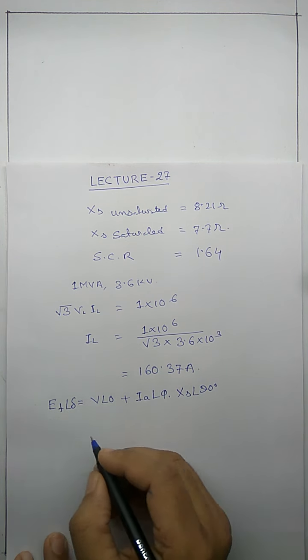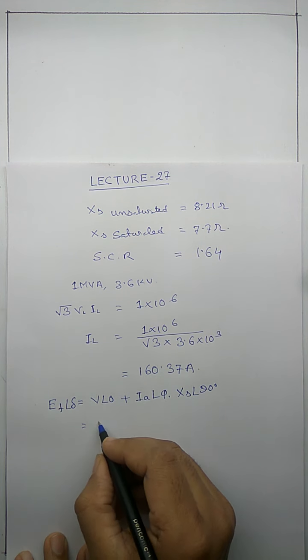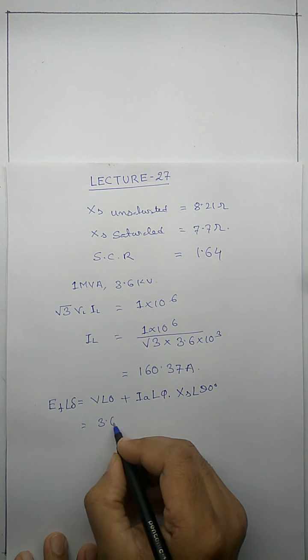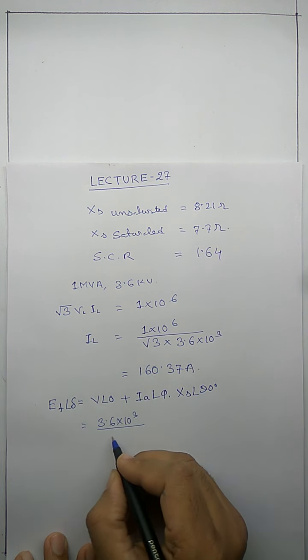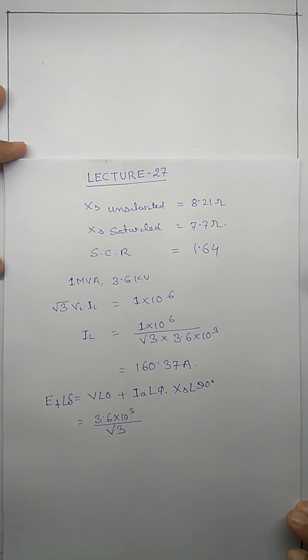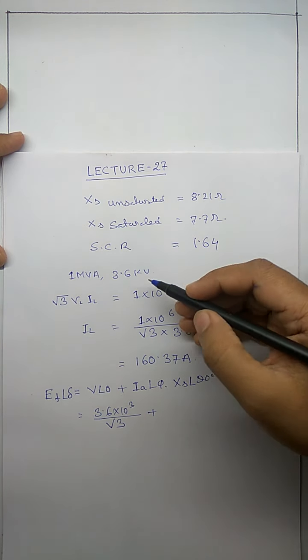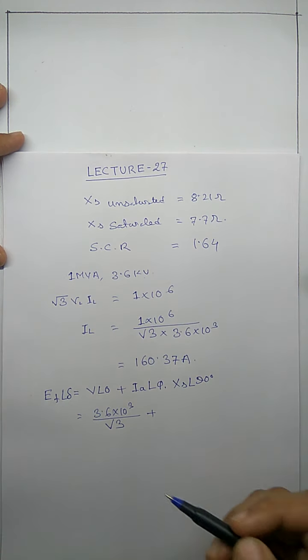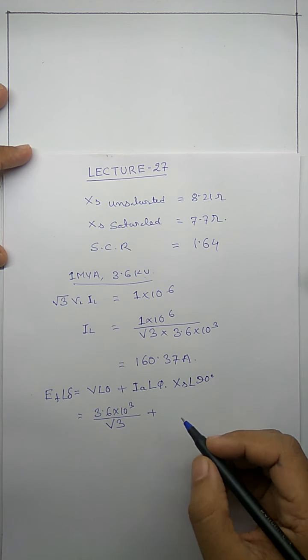We have to find E_F. So here we will substitute 3.6 into 10 to the power 3 divided by root 3. Why root 3? Because we will convert everything to per phase when we calculate. So this is the line value, and we will calculate the phase value, which is this divided by root 3.